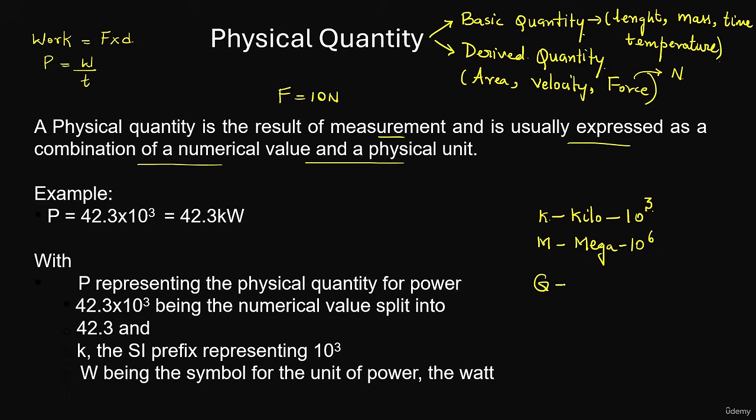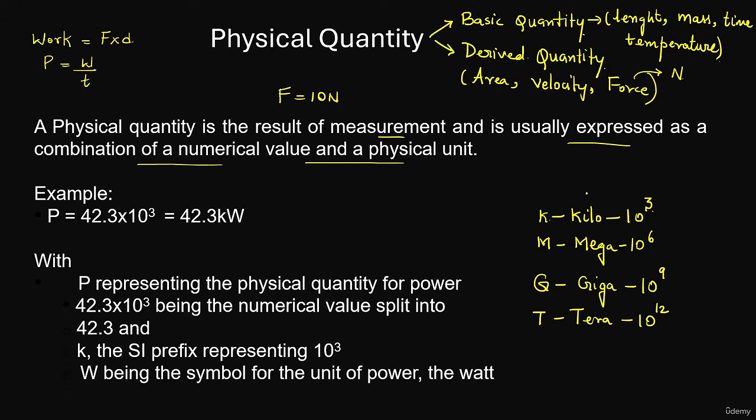In the same way G is there. When G is there, we write it as giga, and giga means 10 power 9. And if we find T, that's tera, and tera tells us 10 power 12. These suffixes you will find adjacent to derived quantities or basic quantities.